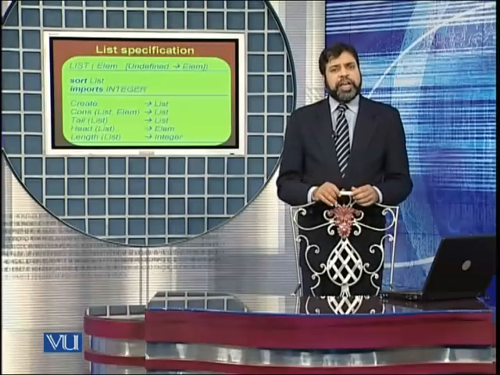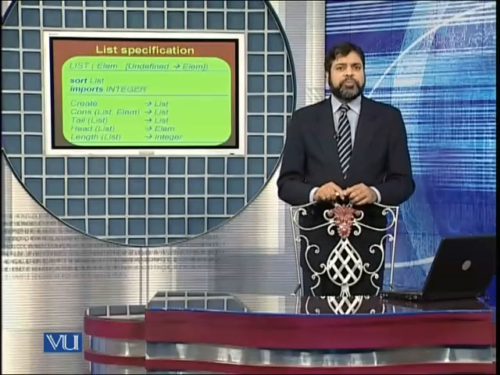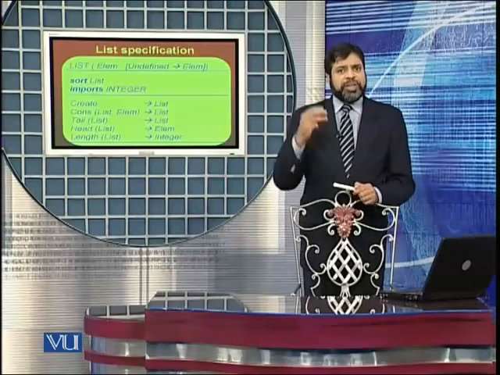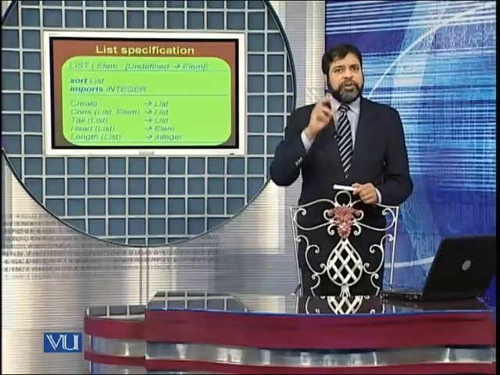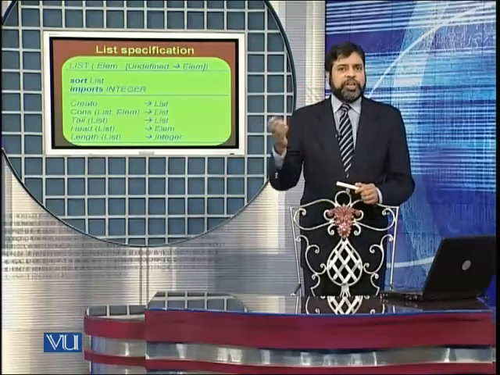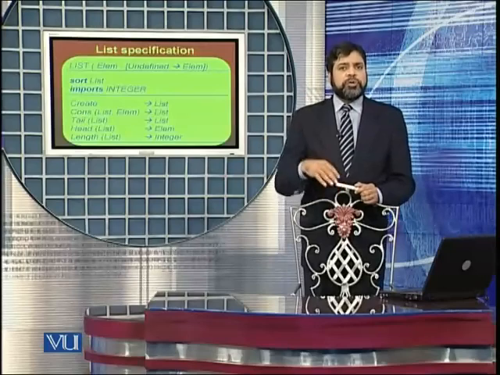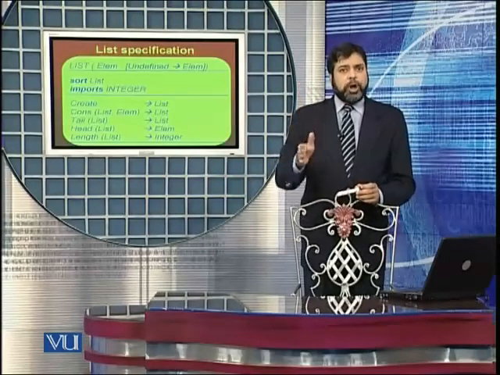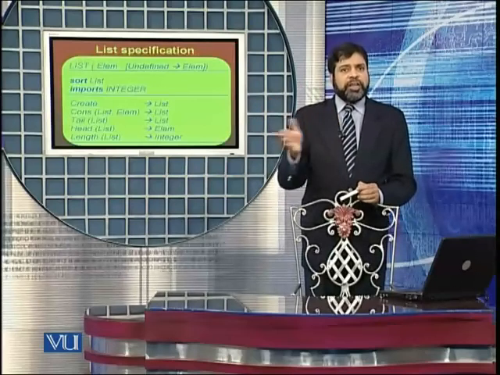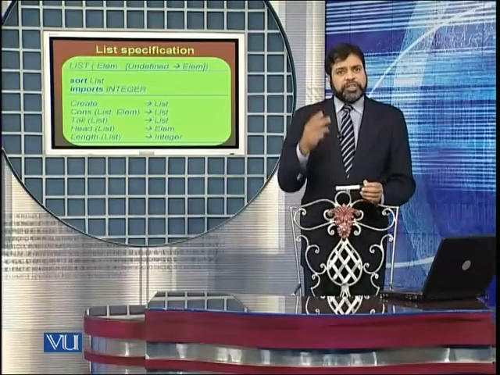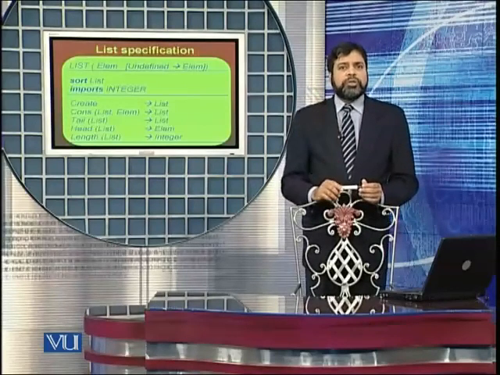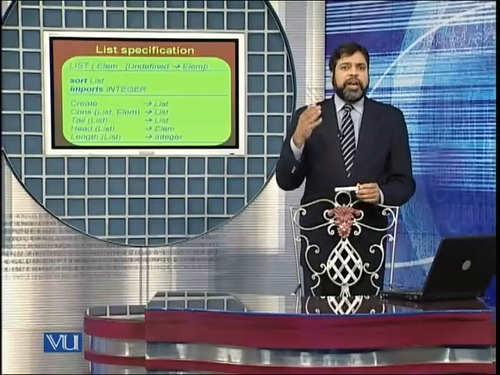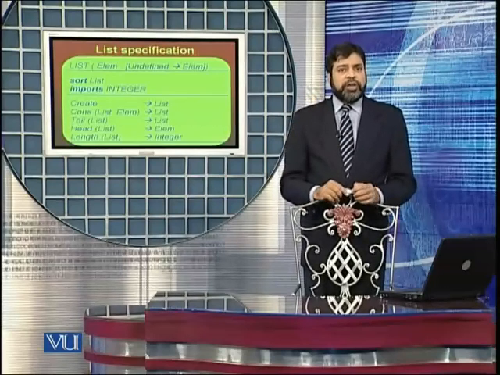So we have to write the axioms for this abstract data type. Once again, there are 3 constructors because there are 3 methods through which you modify the state of the list. That is create, which basically creates, cons, which adds a new element to the list, and tail, which chops the top element and gives you the rest of the list. And there are 2 inspectors, that is head, which gives you the top element of the list, and length, which gives you the length of the list.